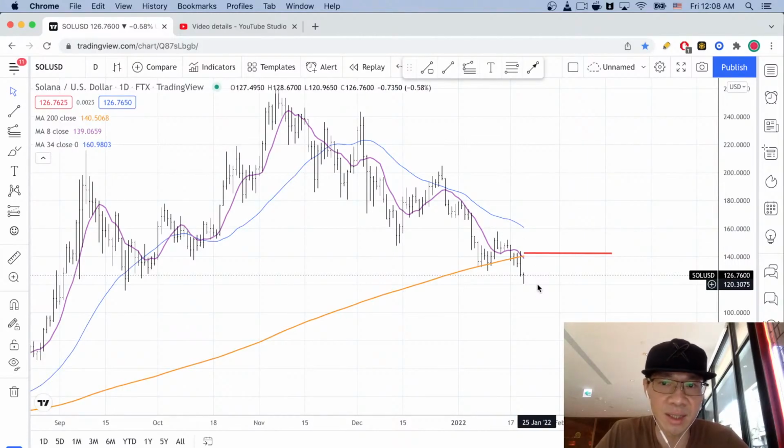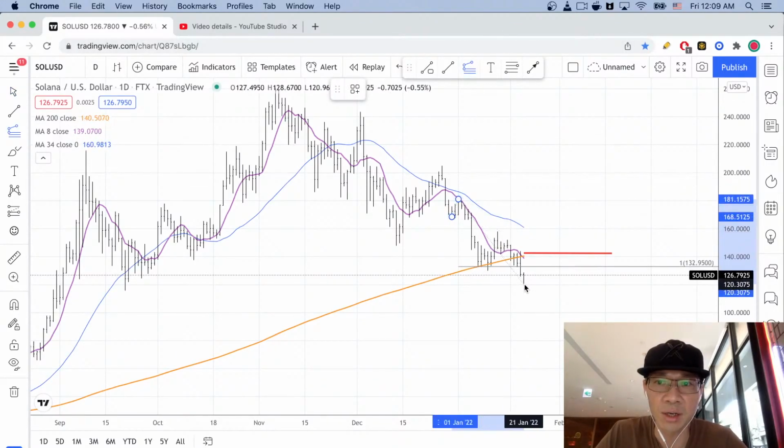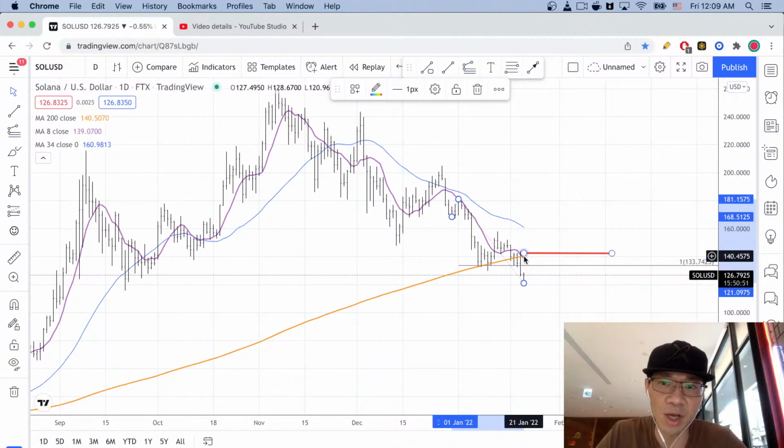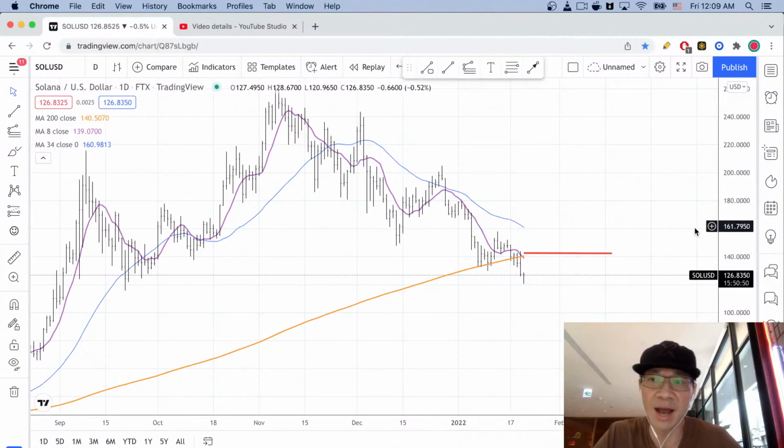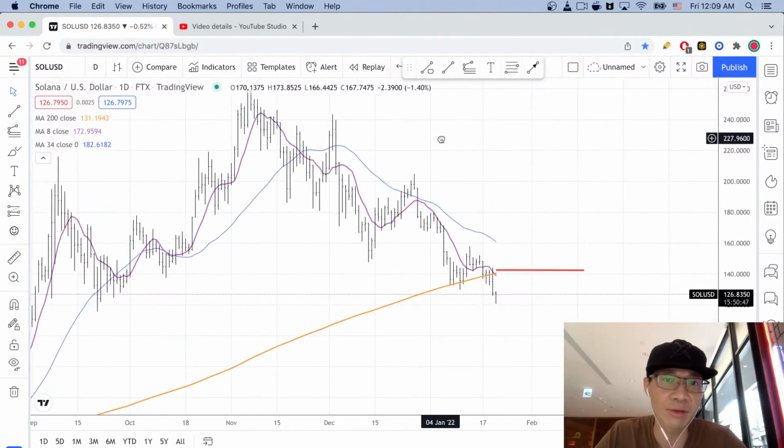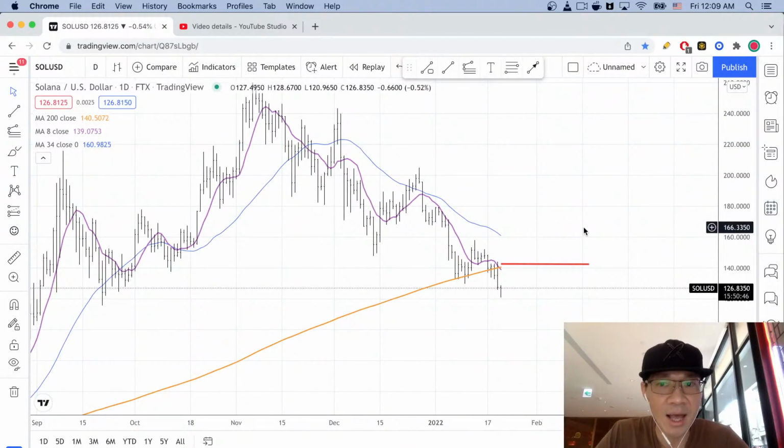It has to be in sync, okay? And right now, I have another pullback here, but this one is too small. If I were to measure this real quick, it's not going to be matching up with these two 200 moving averages. So right now, what I like to see is actually more sell-off in Solana.